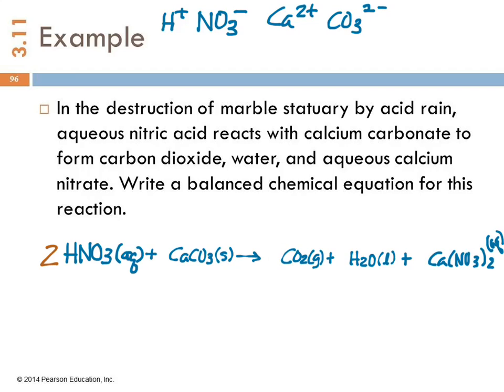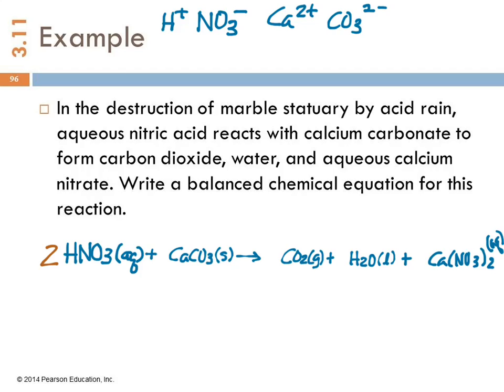Or you can look at the individual elements, nitrogen and oxygen. Let's do them individually this time. So nitrogens on the left, I have 2 nitric acid molecules. So 2 nitrogens here. How many nitrogens on the right side? 2. This nitrate has a 2 on the outside, and so there's 2 nitrogens there. So he's good.